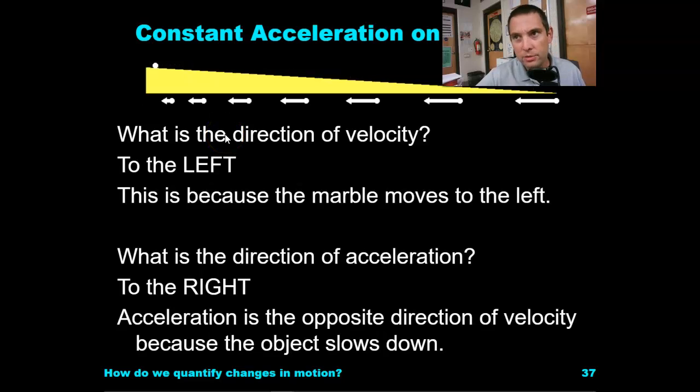Just by looking at an object going, we can determine the direction of velocity, right? It's going forward, it's going right, it's going left. Seeing the direction of acceleration is definitely more tricky because you have to ask yourself, what is this object doing? Is this thing speeding up? If so, then the tangential acceleration is in the same direction. If it is slowing down, then the tangential acceleration is in the opposite direction.